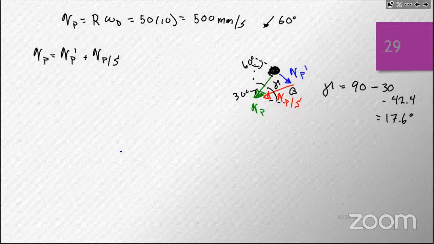Let me write this over here. VP prime, because this is a right triangle with VP as the hypotenuse. I didn't draw it very well, but this is a right triangle in here.